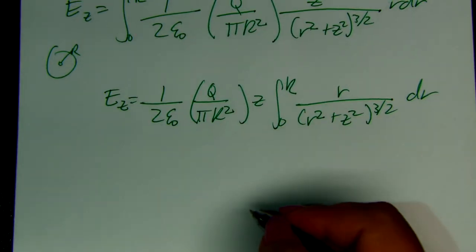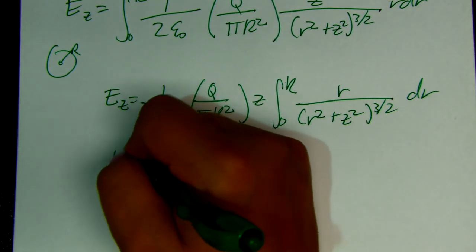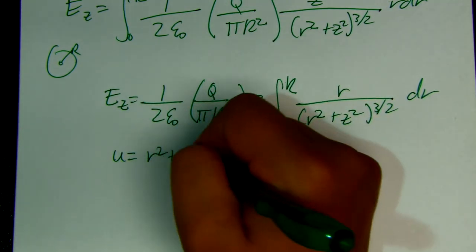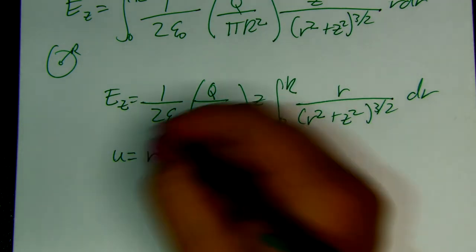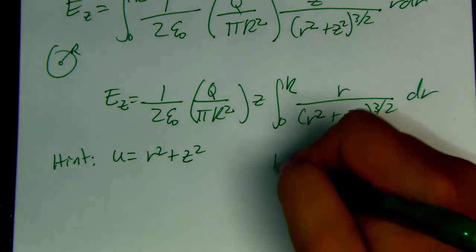And then this is an integral I want you to do on your own to practice u substitution. So you're going to use u is equal to r squared plus Z squared.